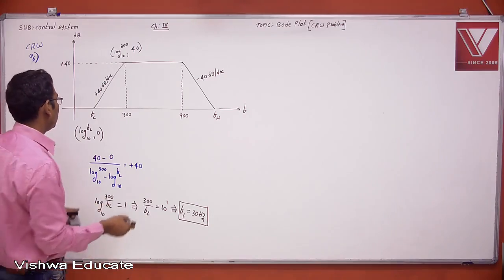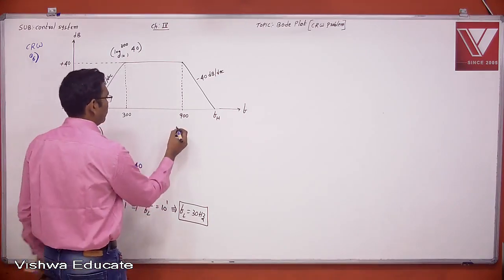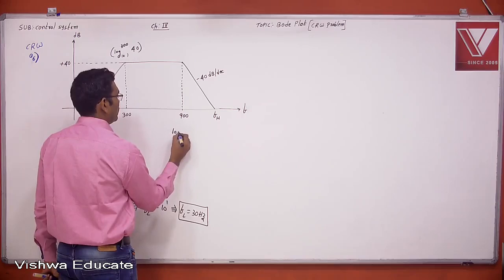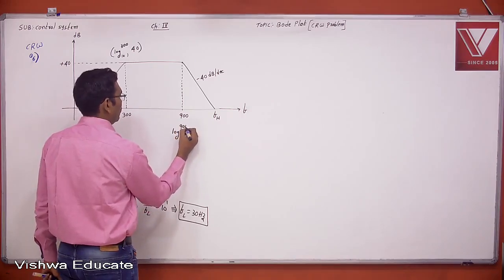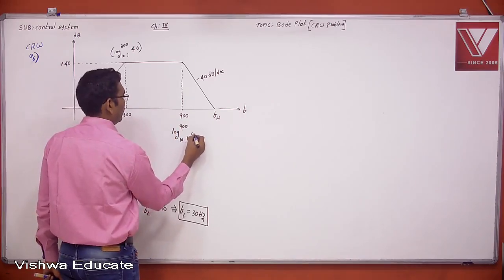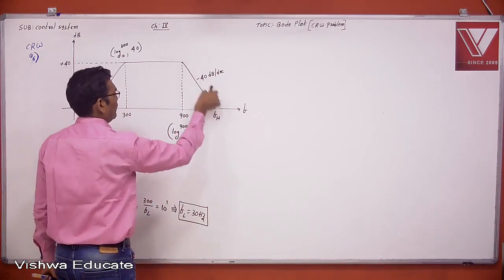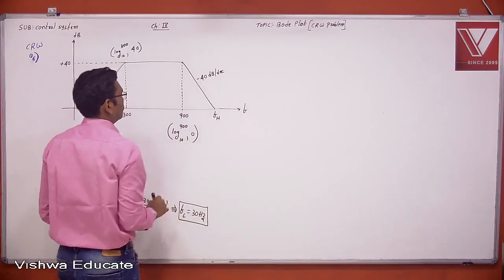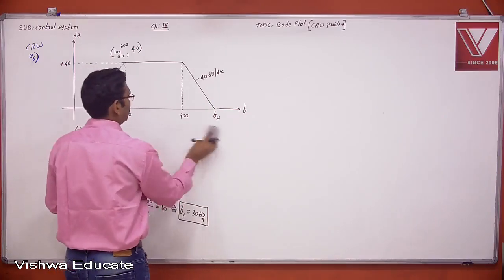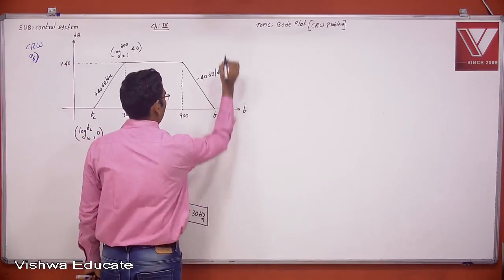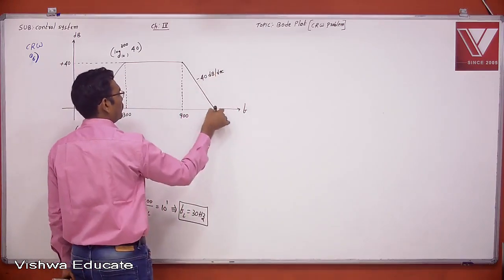Now if you see here, this is log 900 comma 0, and for this line, this is the line you have to consider.